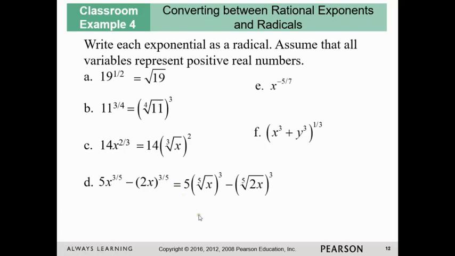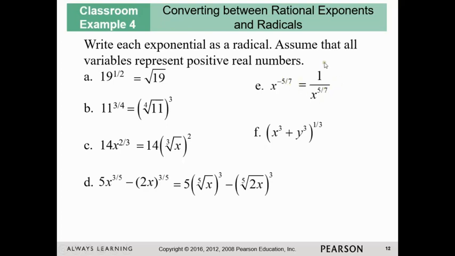In D, once again, the denominator becomes the index, and then we move the third to the outside of the parentheses. And here again, the denominator of the rational exponent becomes the index of the radical, and then we move the numerator to the outside of the parentheses. And remember, x to the negative 5/7, we can write that as we move the base along with the negative exponent to the opposite side of the fraction bar.